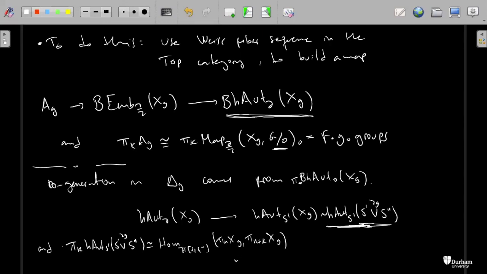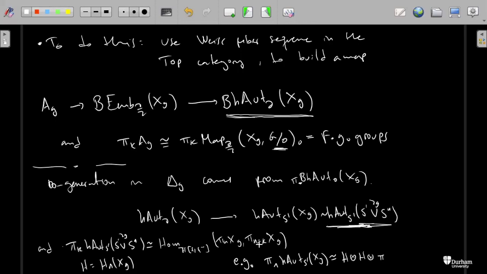And then, if you want to be very specific, in some of these degrees you can actually tell what these groups are. If you call H the nth homology of Xg, then this is isomorphic to H tensor H tensor the first stem.